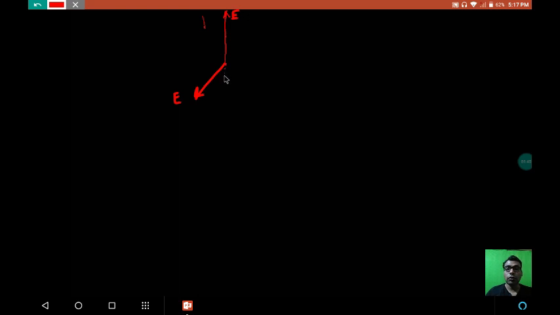If we draw the perpendicular in the same way, we have already found this angle is 30 degree. So what will be this angle? If we take this as 30 degree, it is E cos 30 degree, and the vertical component is E sin 30 degree.